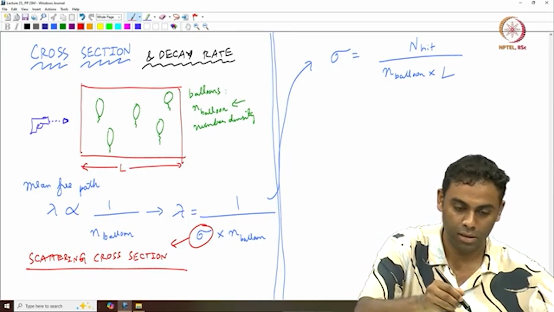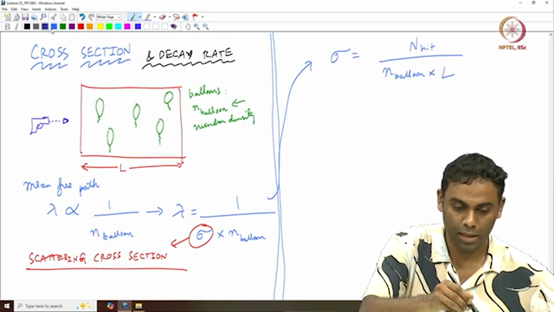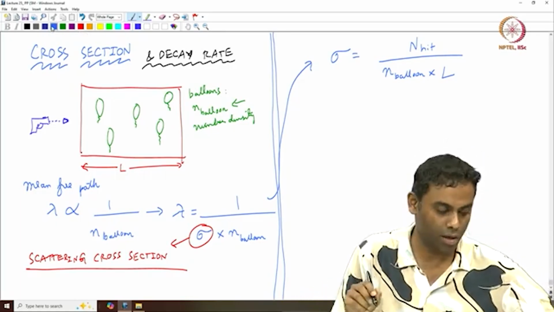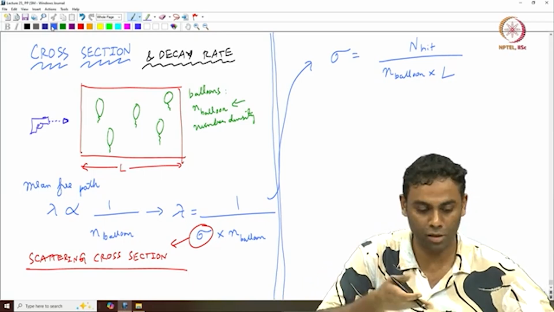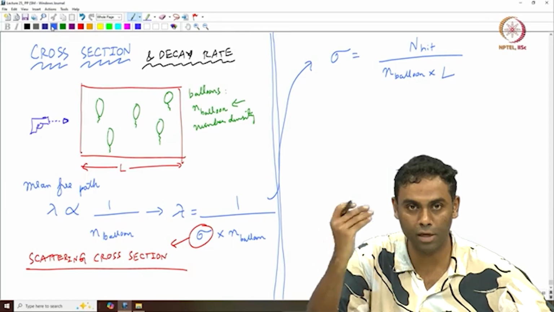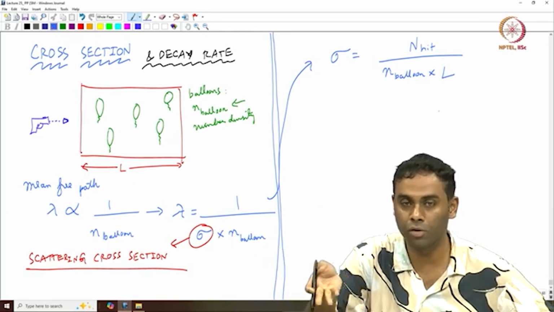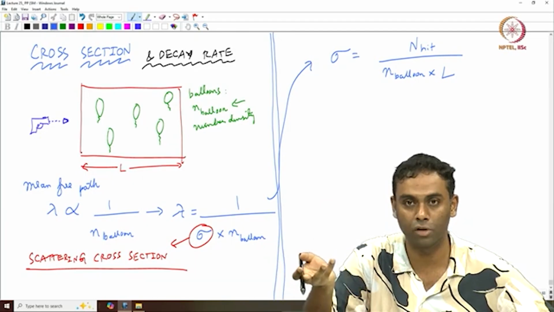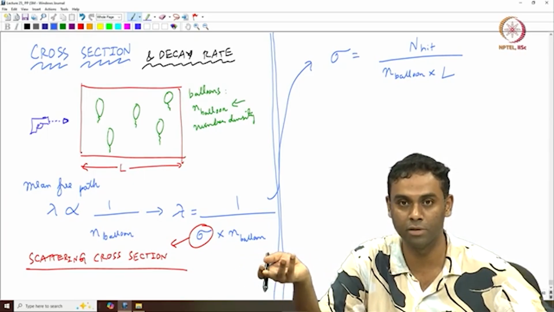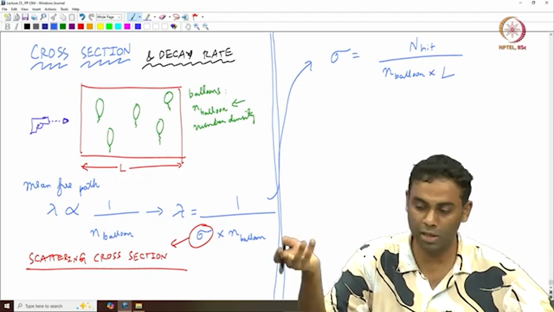So what does that mean? If I want to measure the cross section for this system, I shoot and then I just record the number of bursts that I hear. I know the number density of the balloon, I know the length of the box, I can calculate what the cross section is. Okay, so you simply set up an experiment to measure the cross section. Okay, suppose I don't know the length of the box.